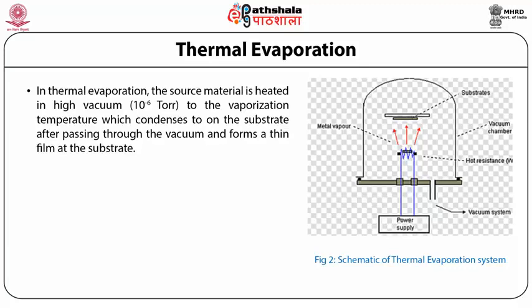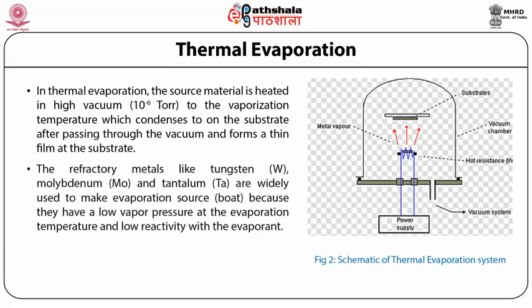evaporated. The refractory metals like tungsten (W), molybdenum (Mo), and tantalum (Ta) are widely used to make the evaporation source, that is the boat, because they have a low vapor pressure at the evaporation temperature and low reactivity with the evaporant.